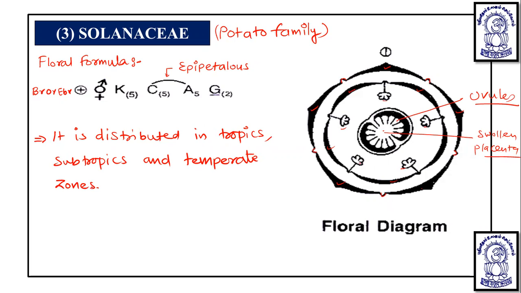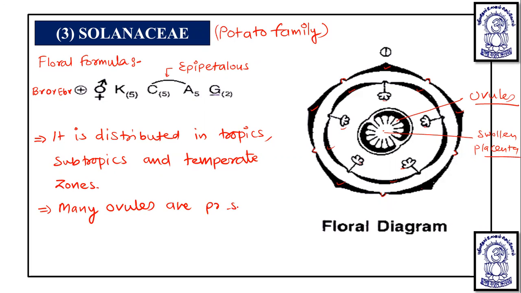So it is distributed in all these three zones, and you can see here many ovules are present in the ovary, as you can see in the floral diagram.